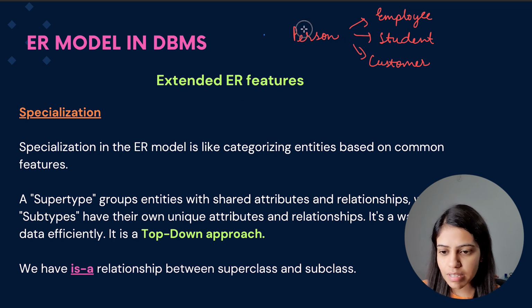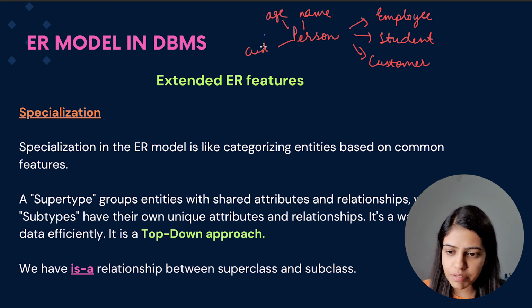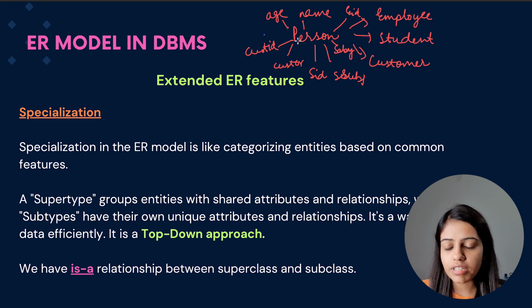Now person has some attributes such as name and age. A customer may have attributes such as customer ID and customer order details. A student may have student ID and student subjects. An employee may have employee ID, salary and much more. So this person entity is getting overburdened with many attributes.